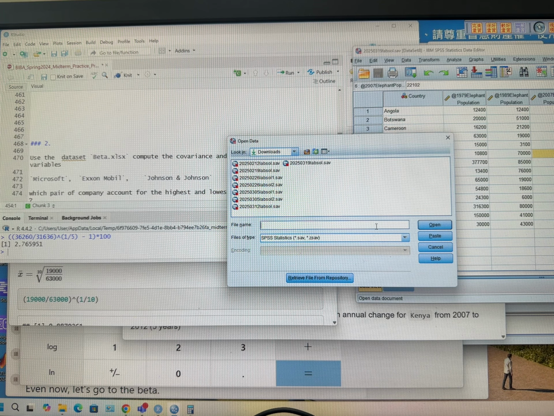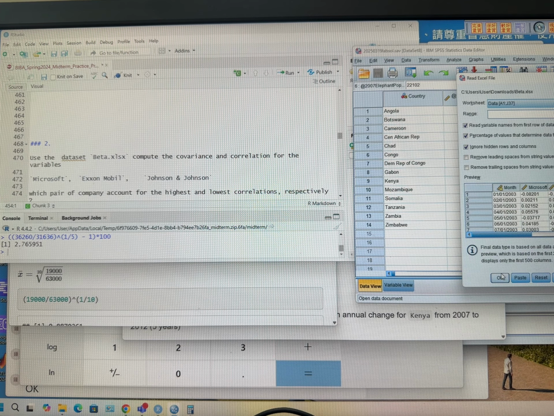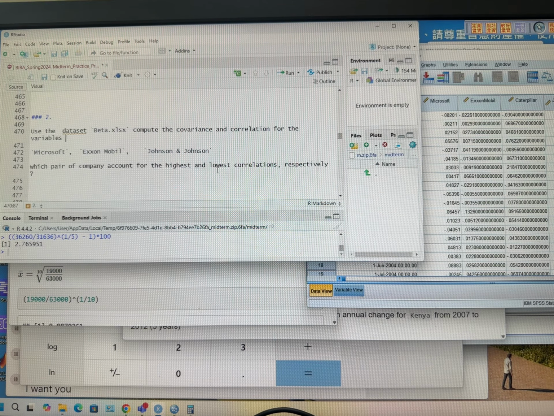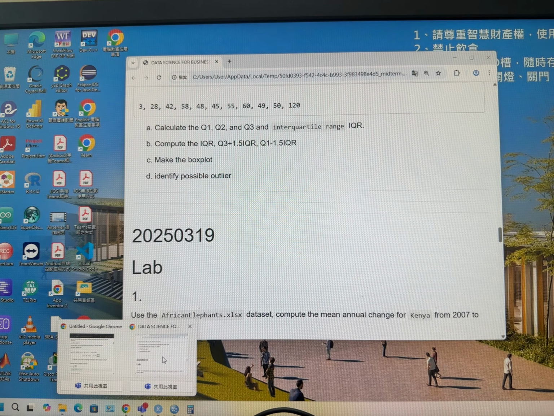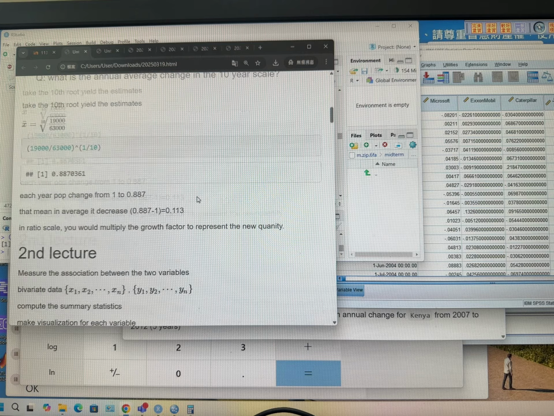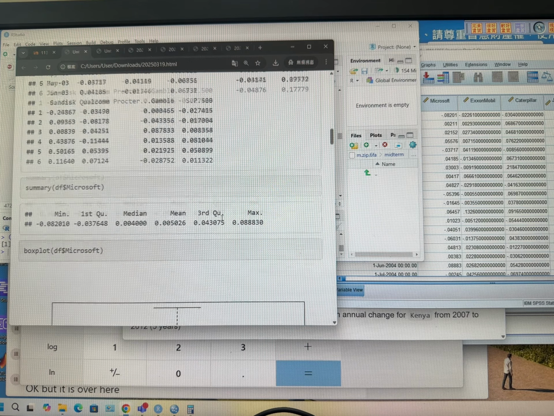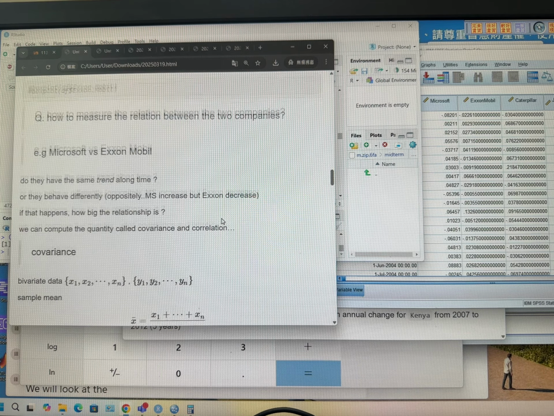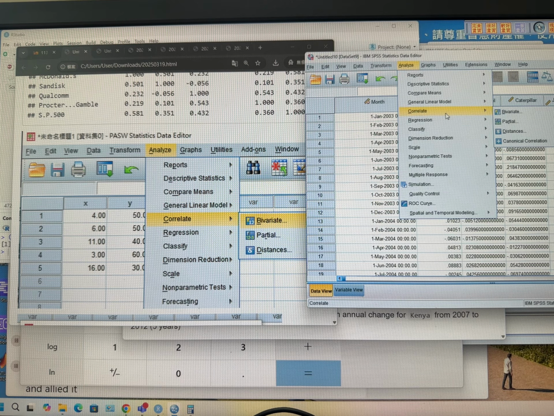This is the data set. Okay. Alright, and I want you to do the 3 companies for the correlation. Okay. So it is over here. If we look at the note, you can just look up the correlation definition and use the SPSS analysis, correlate, bivariate.